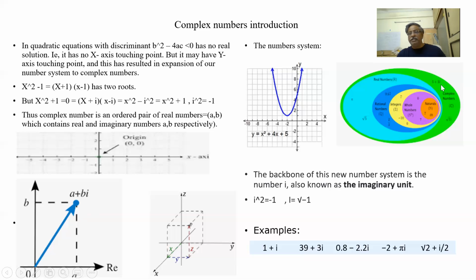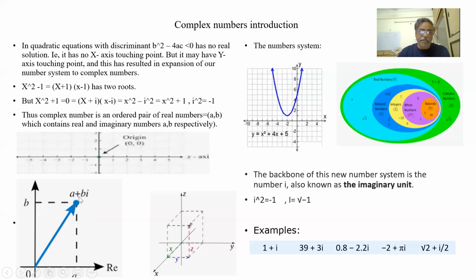Say 5 plus 3i. That means 5 and 3. This is 5, this is 3. This is 5 plus 3i. i means y-axis. What does i mean? It is turning by 90 degrees vertically.